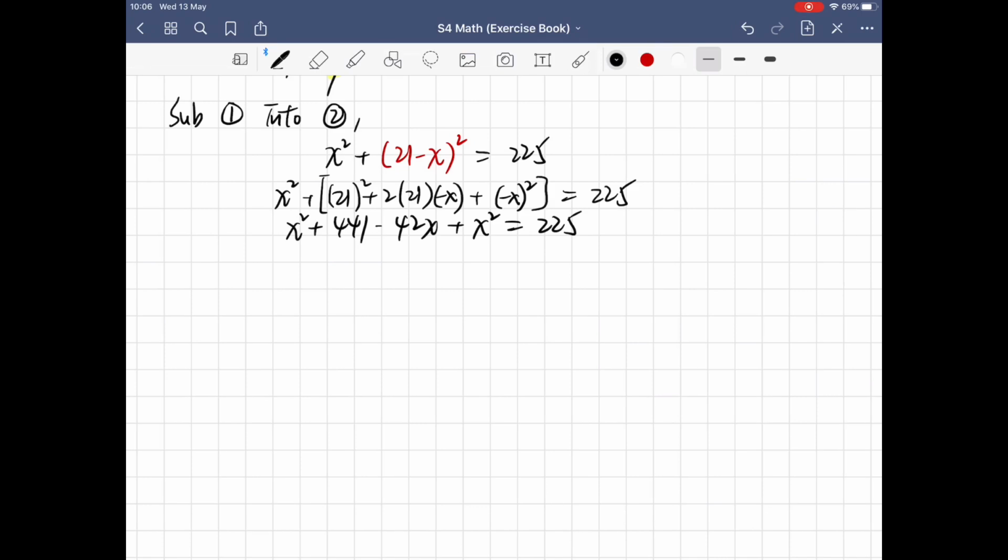Then we do the simplification so that we have 2x squared minus 42x plus 441 minus 225 equal to 0.